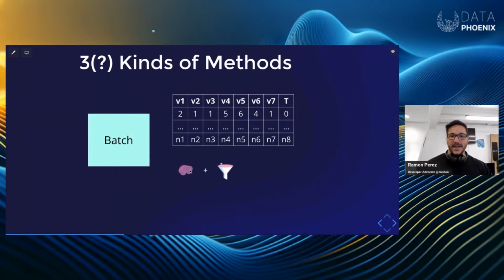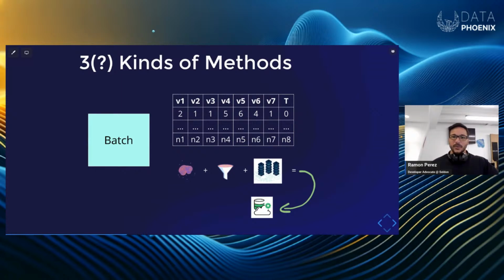I'm going to apply that model to all of that data, which means a lot of computations. I'm probably going to send that computation once to maybe a cluster of computers, or maybe just one that is powerful enough to run my computations. After that, I'm going to add those predictions back into another database.